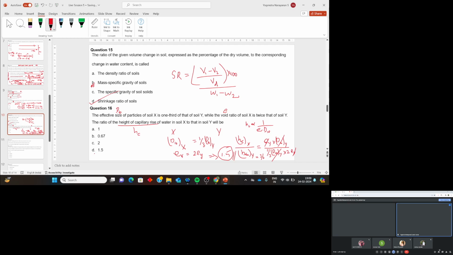Otherwise, you can refer to this. I hope it is readable to an extent. So the right option is 1.5.